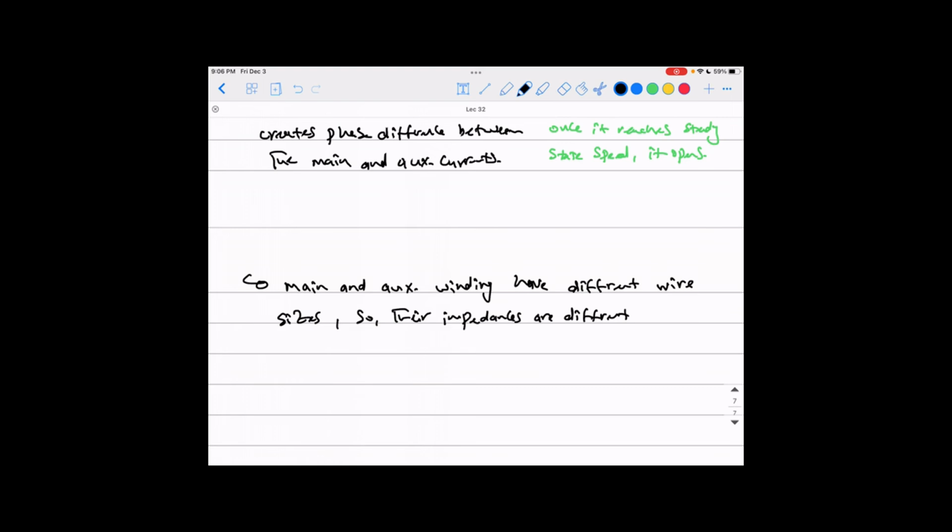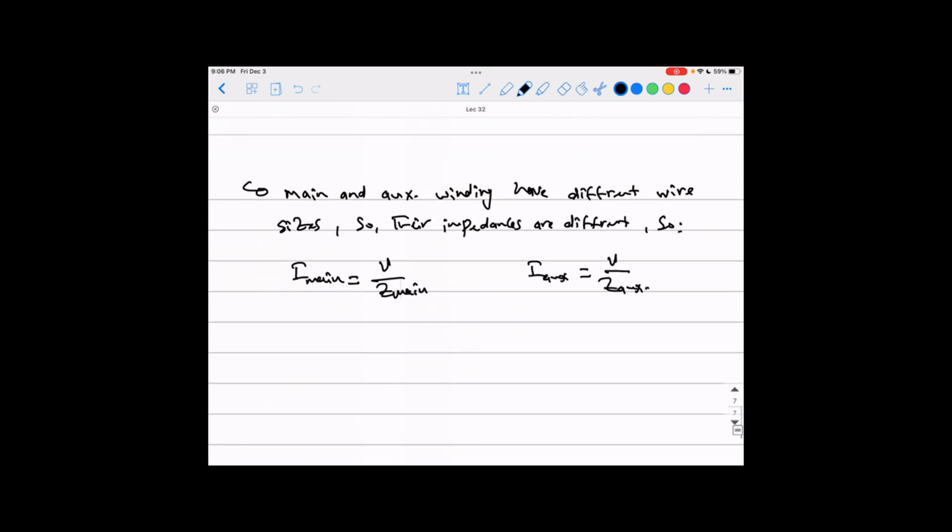Okay, so I main equals V over Z main, and I auxiliary equals V over Z auxiliary. Like you've seen here, those two currents will have some phase difference.